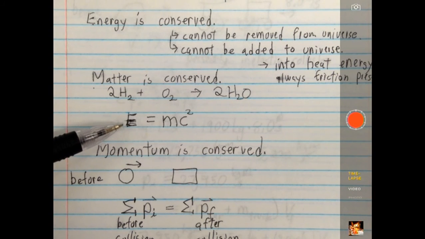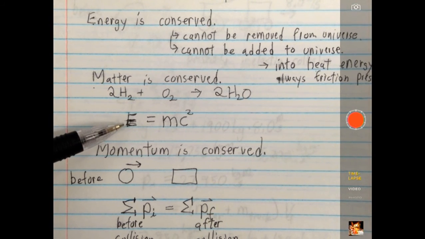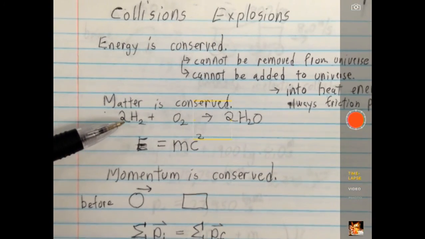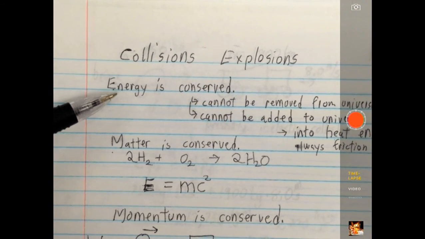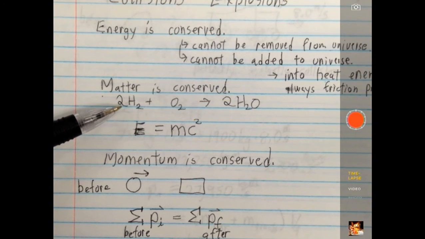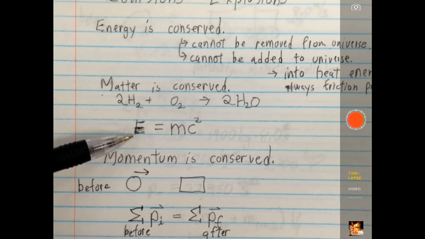Einstein's famous equation, E equals mc squared, really allows us to convert matter into energy and theoretically energy into matter, but it's always conserved. So even in the nuclear consideration, energy and matter are conserved.